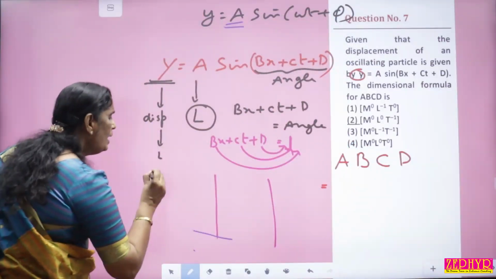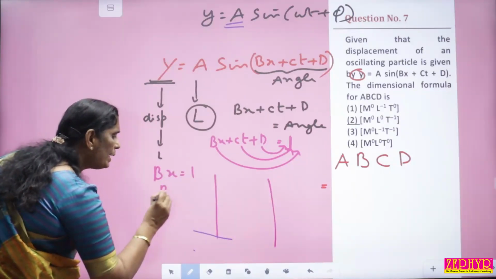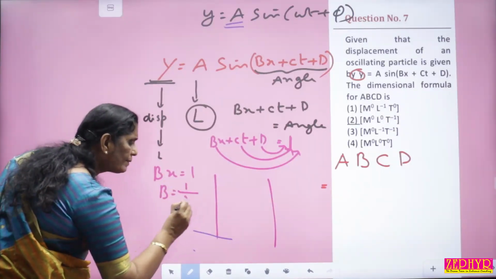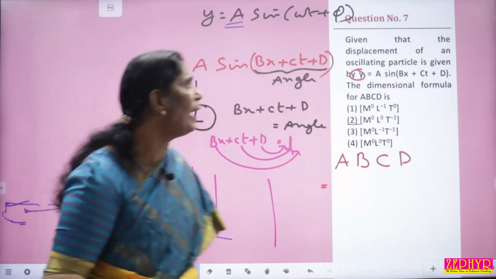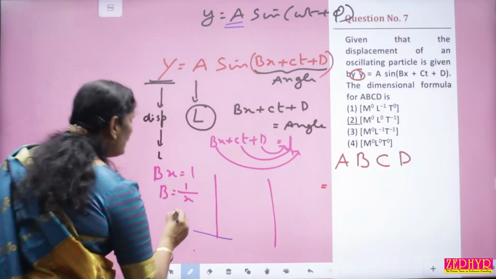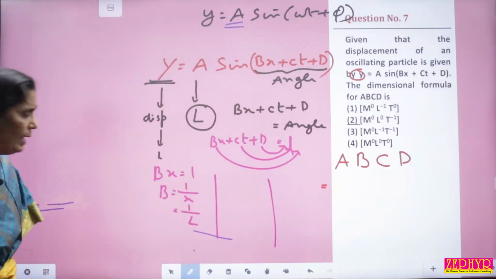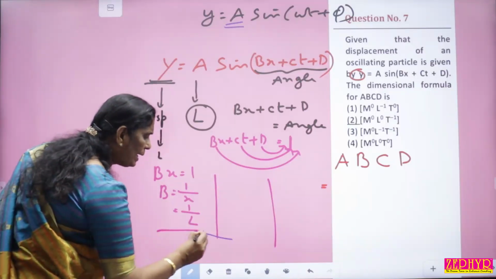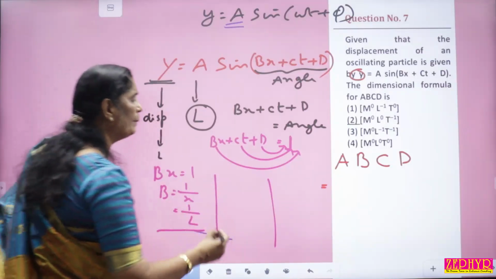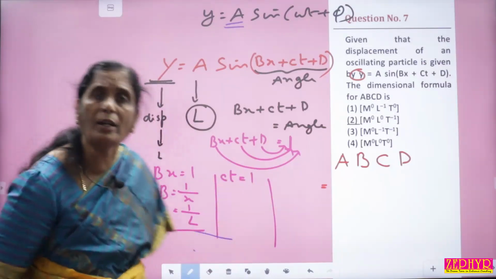When you compare, bx will be equal to 1. So B will be equal to 1 by x. What does x stand for? X stands for displacement of the wave. So it is a displacement, so I will write 1 by L. So for B, I am getting 1 by L. Keep it in mind. Again, what is ct? ct is a part of the angle.